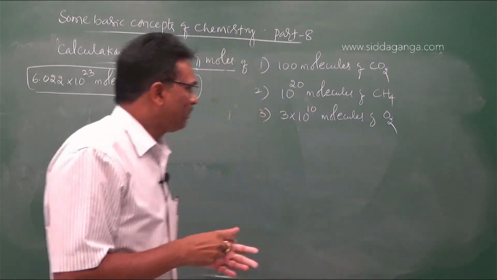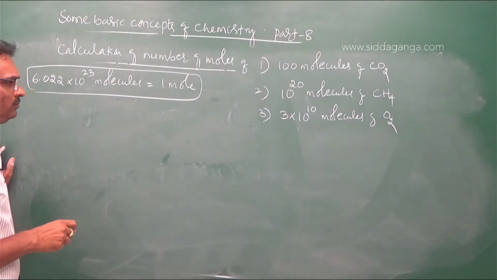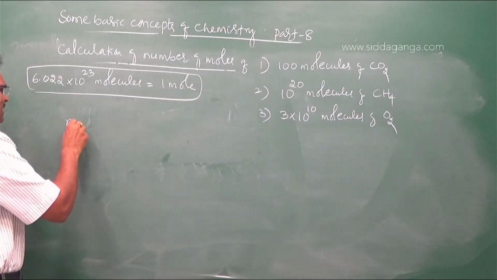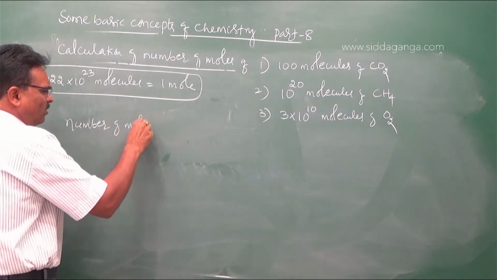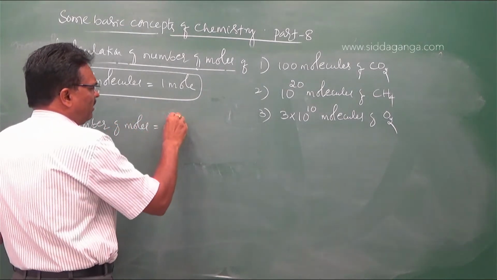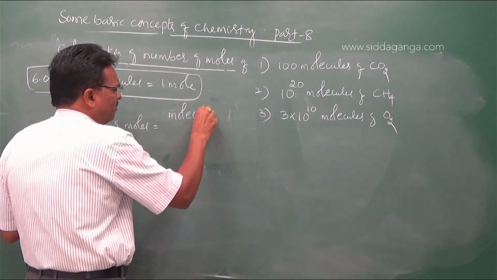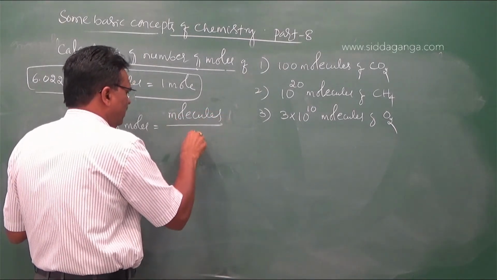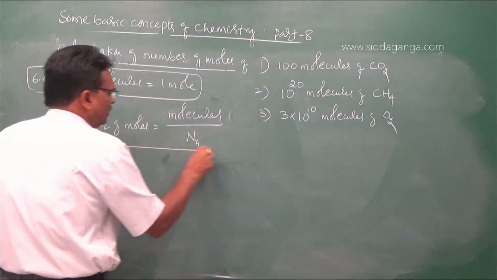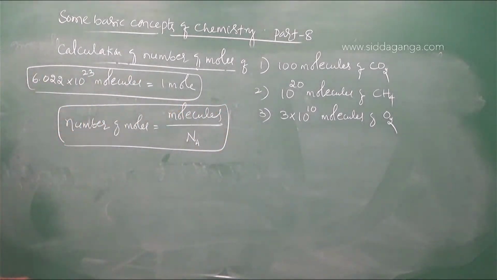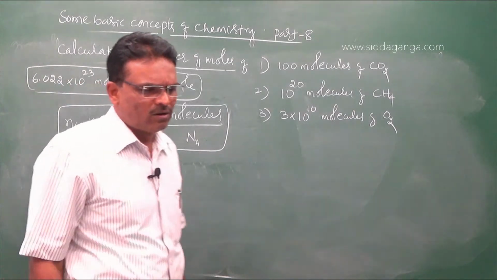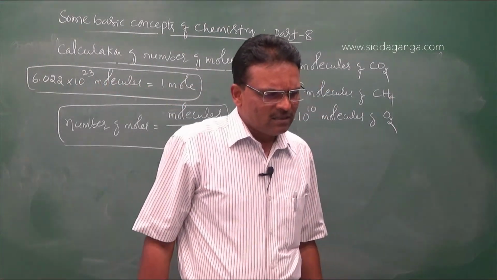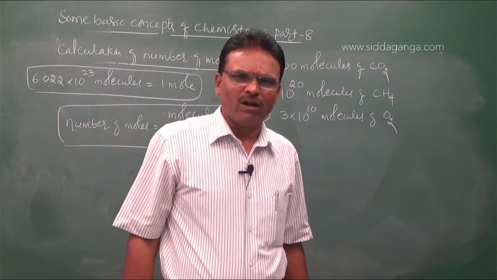Clear? Then number of moles is equal to molecules divided by Avogadro number. This is the formula. Clear? Number of moles is equal to molecules divided by Avogadro number.